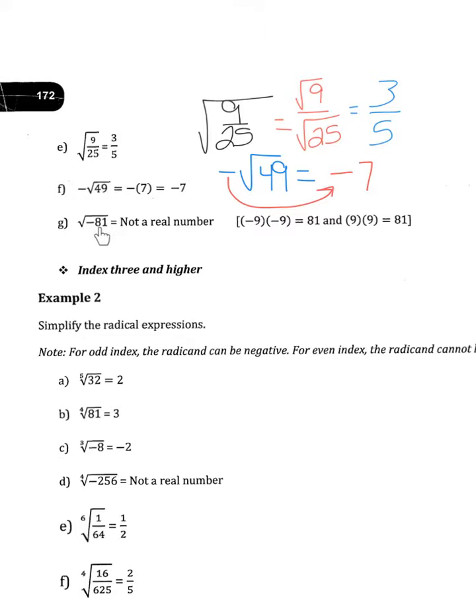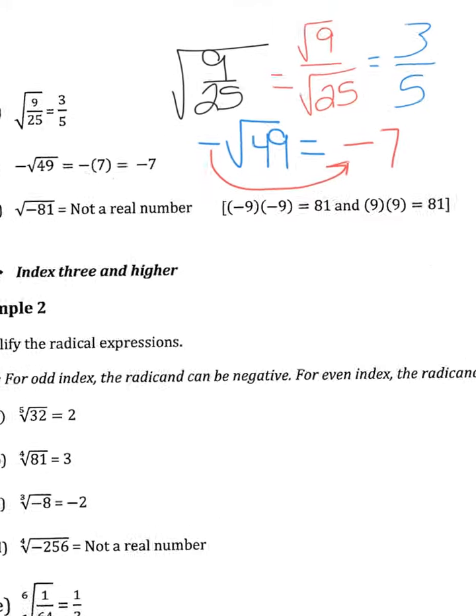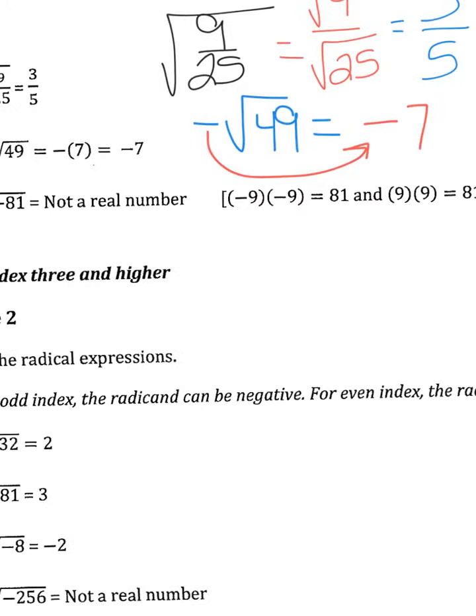The next one down here is a little bit different. It says the square root of negative 81. Now, to think about this, what this is really asking you for is what 2 identical factors, when you multiply them together, will give you negative 81 as their product.